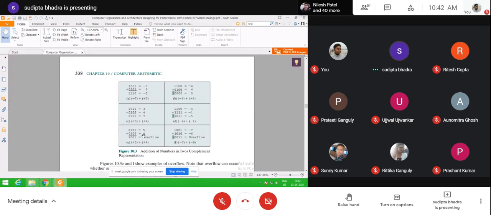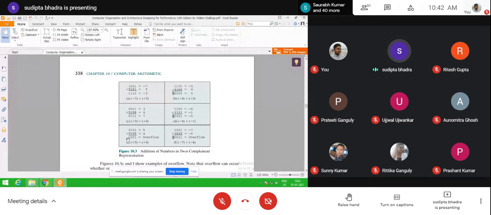Here you see that plus 9: 4 bits in 2's complement form can't represent plus 9, because the MSB in the case of 4 bits always represents minus 8 if it is 1.